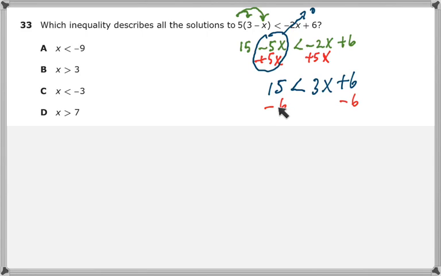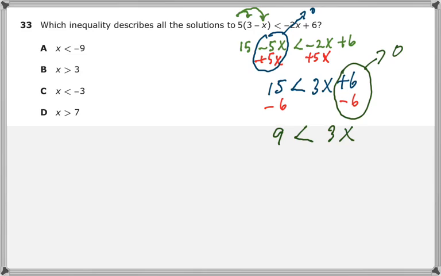So bring down your 9. We haven't done anything to change our inequality sign, so bring down your inequality sign. Over here we have plus 6 and a minus 6, which gives us 0, so we're just left with 3x.